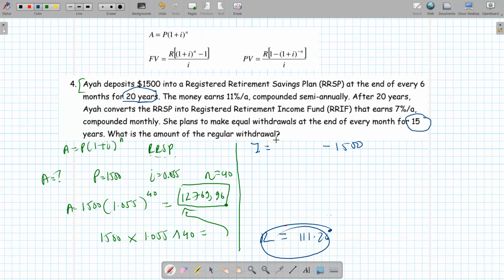How much did he actually end up earning? He earns this every month for 15 years, so that's his final amount that he's earned. 111.26 times 12 times 15 minus 1,500.